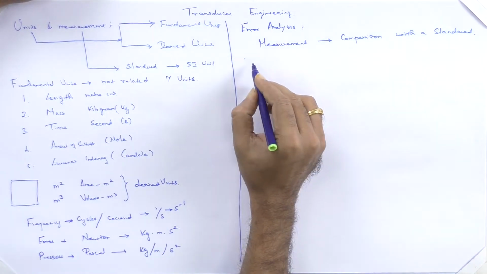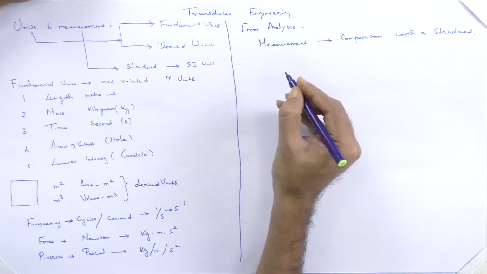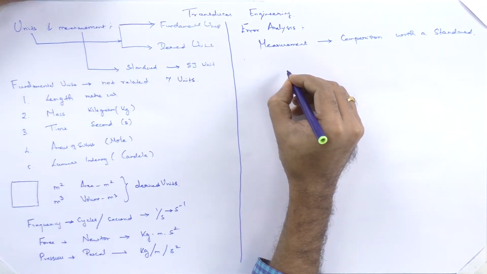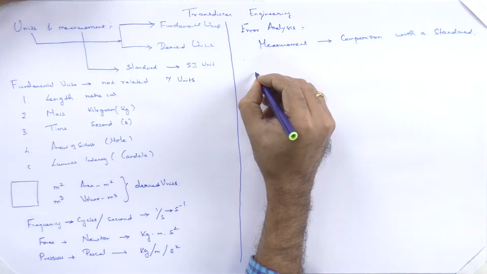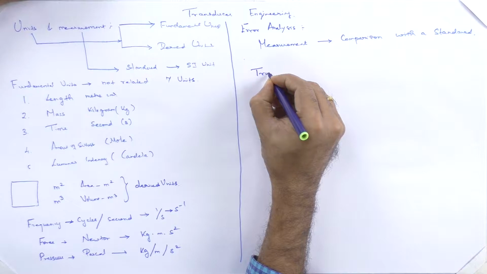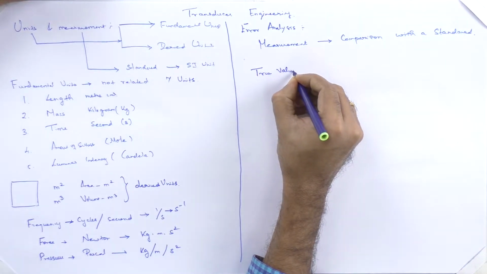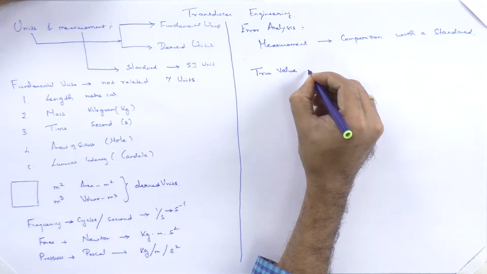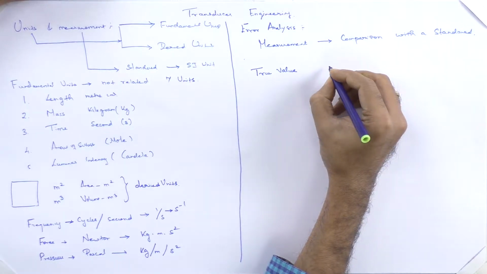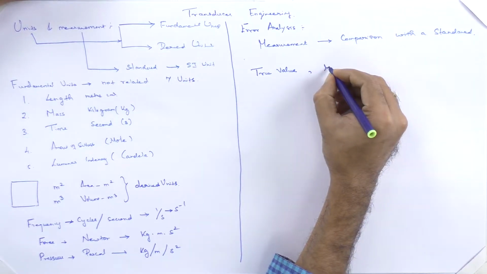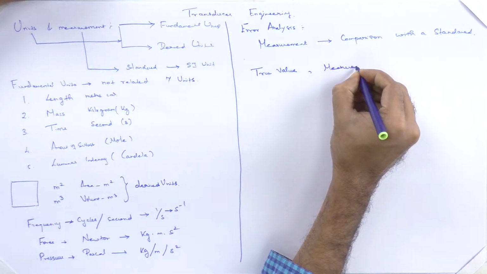Now, error analysis is taking a true value from the measurement and comparing it with the measured value.